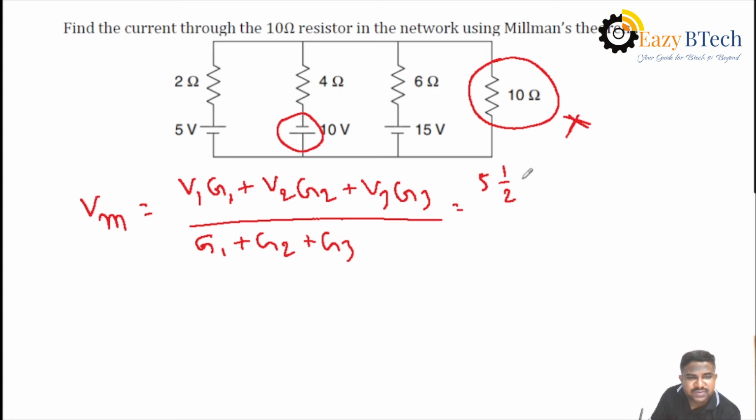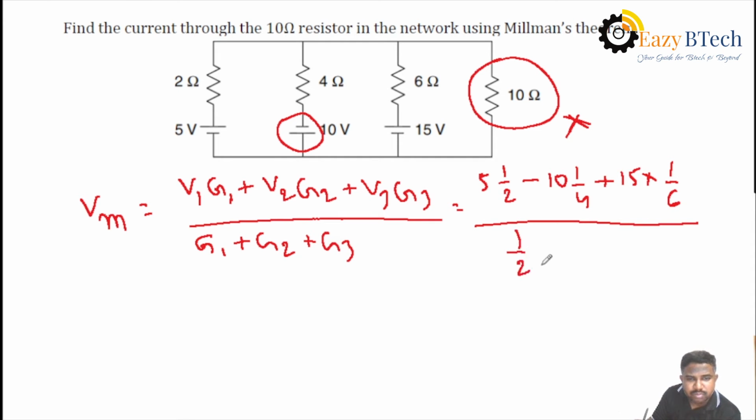Similarly, V2 is in reverse direction, that's why it is taken as minus. Then V2 is 10 and G2 is 1 by 4, so minus 10 into 1 by 4, plus V3 which is 15 into G3, that is 1 by 6, divided by 1 by 2 plus 1 by 4 plus 1 by 6, that is G1 is 1 by 2, G2 is 1 by 4 and G3 is 1 by 6.